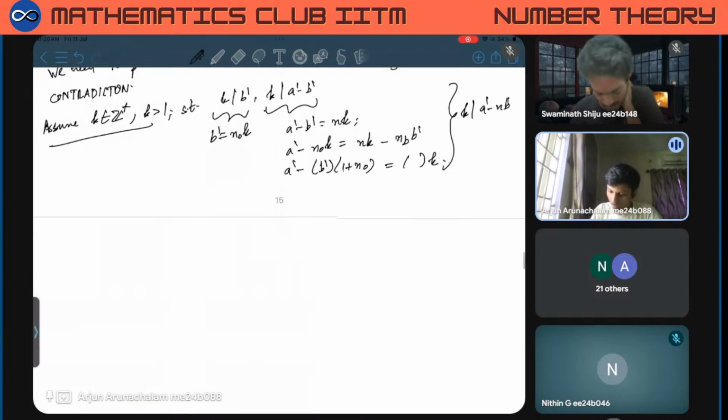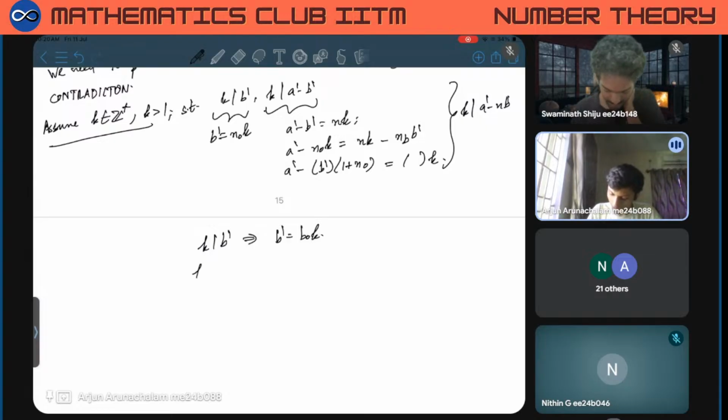So basically, I'll just explain once again. We have k divides b dash, which implies b dash is b naught times k, right? And you also have k divides a dash minus b dash. So you have that k divides this, right? So it is kind of outside the equation now, right?